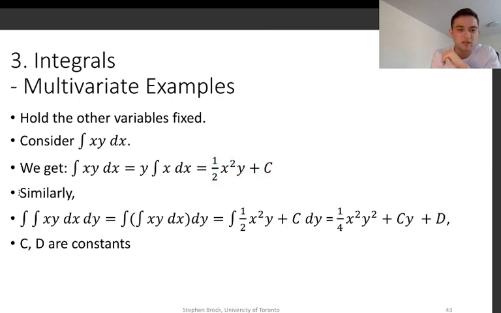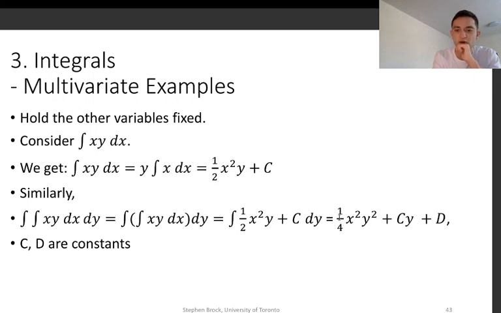So similarly, if we want to integrate with respect to x and with respect to y, we can do this by integrating with respect to one of them first and then integrating with respect to the other variable. In this case, if we integrate with respect to x first, we get the integral of 1/2 x squared y plus c, and then we're integrating this whole thing with respect to y.